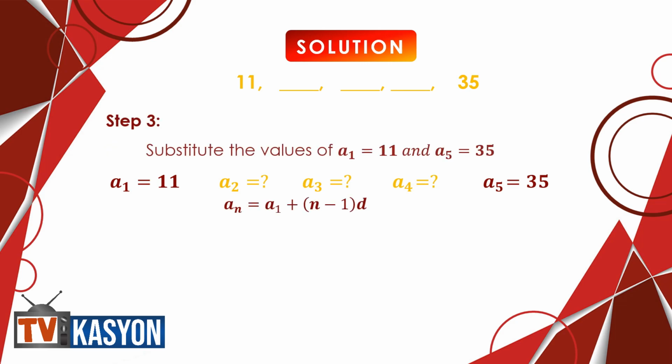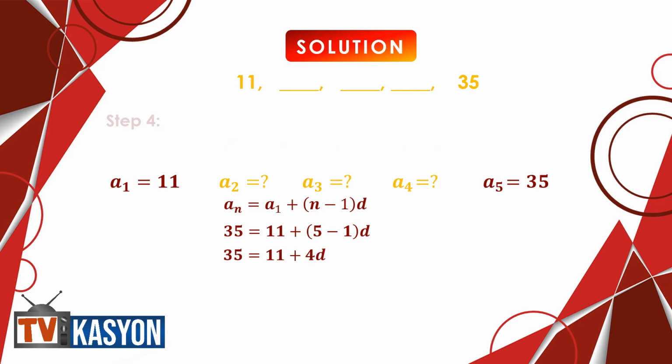For step 3, we will substitute the values of a sub 1 and a sub 5. Doing so, we get to write 35 equals 11 plus the quantity of 5 minus 1 times d, or 35 equals 11 plus 4d.